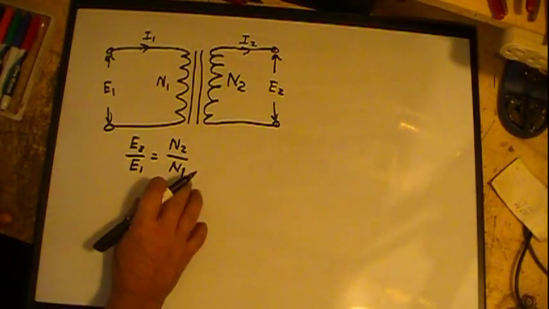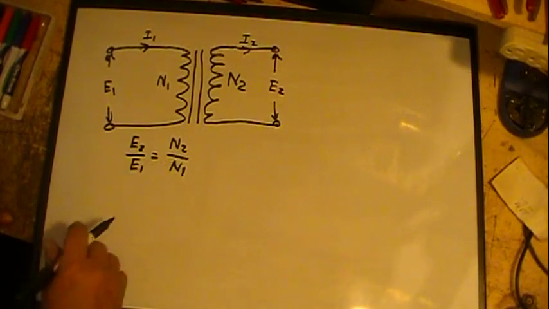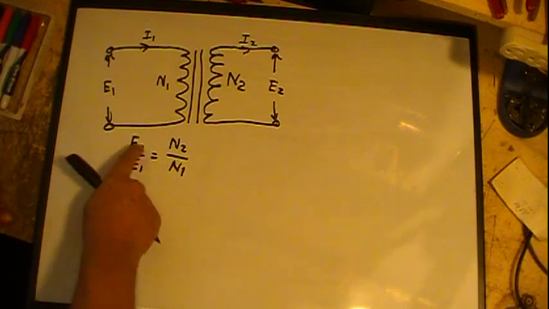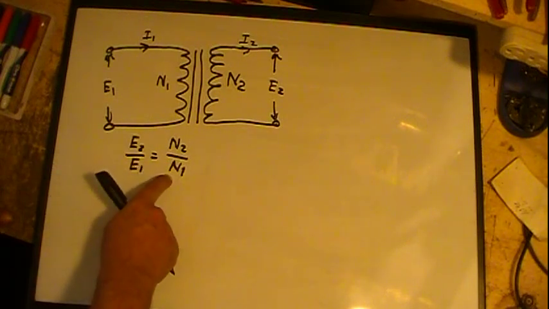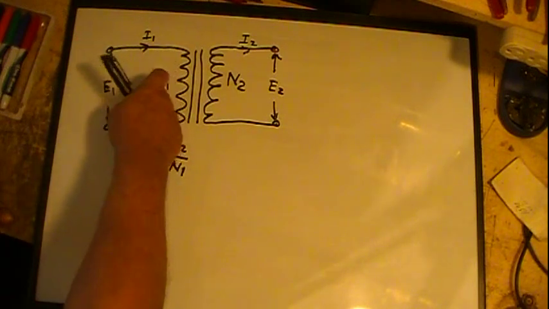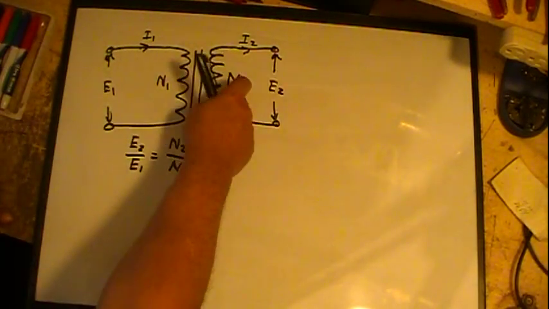The biggest thing I want you to notice is that they're directly proportional to each other. E1 goes with N1, E2 goes with N2. So this goes with this, and this goes with this.